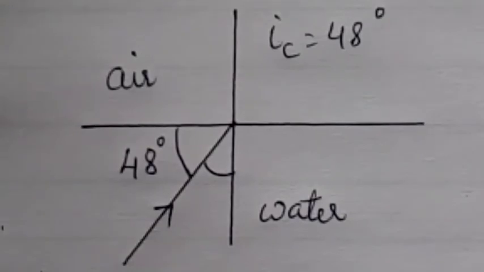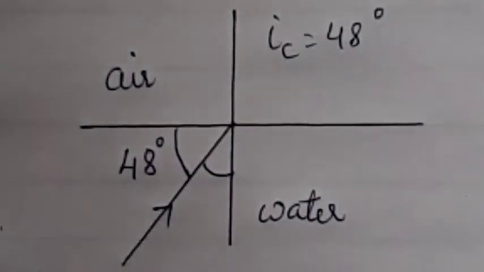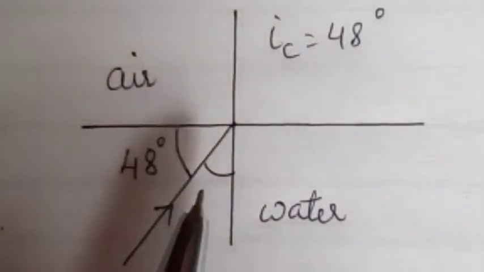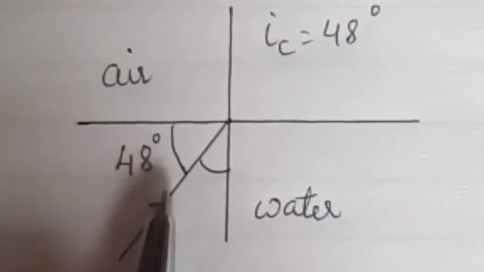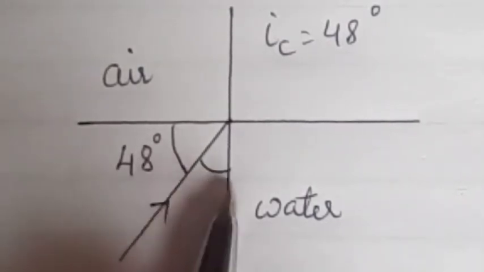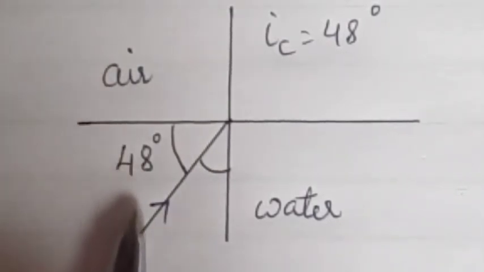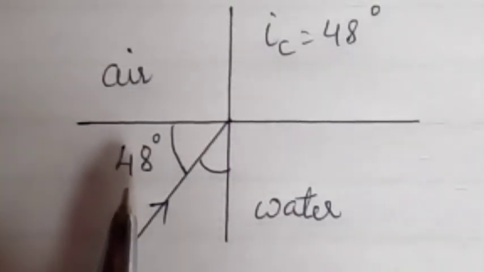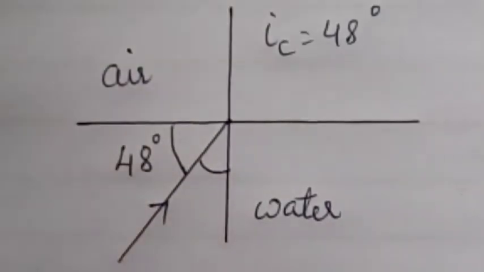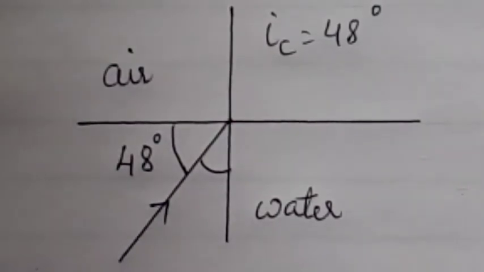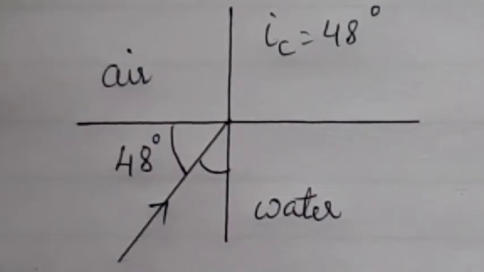They take 48 degrees as the angle of incidence, but as per the definition, that is wrong. The definition is: angle of incidence is the angle between the normal and the incident ray. So this is the angle of incidence, not this. So what is given over here is not the angle of incidence. Lots of students just take this 48 as the angle of incidence and draw the refracted ray along the surface at 90 degrees, but that is not correct.